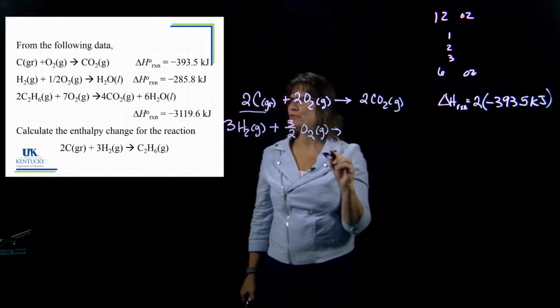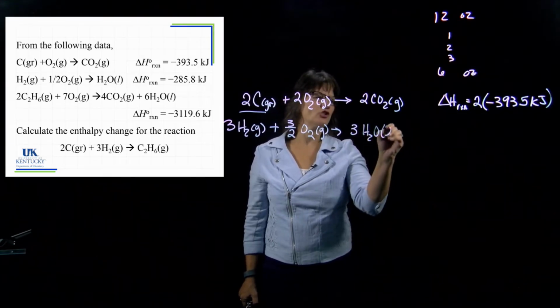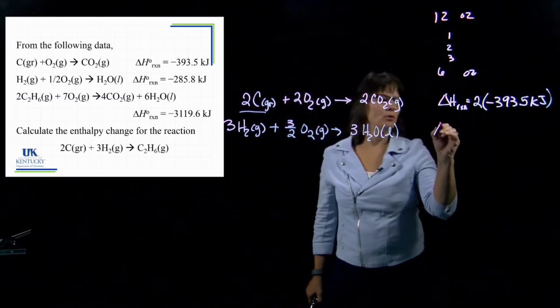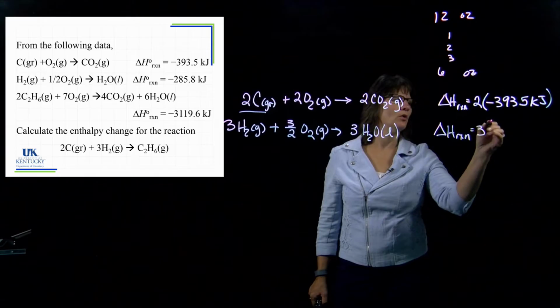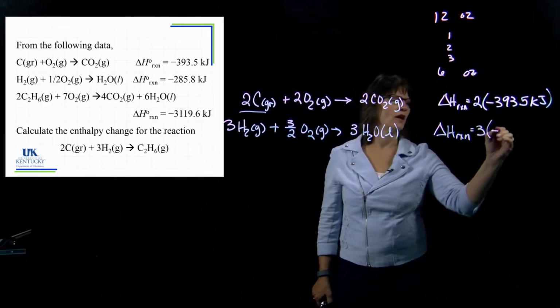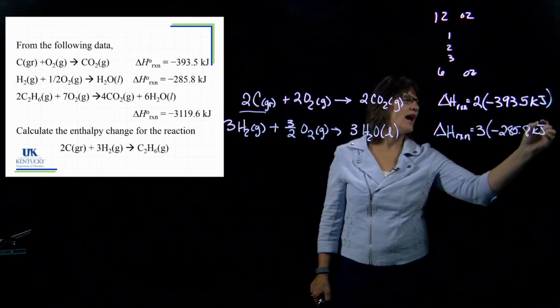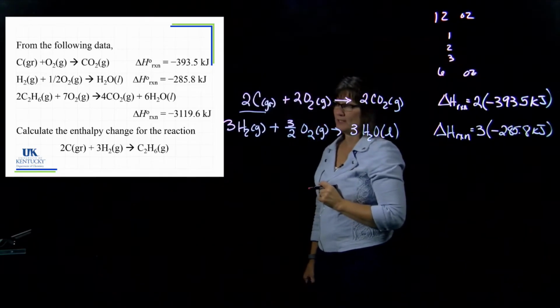And that is producing 3 H2O liquid. Now make sure that you're writing your substances down. The reaction, so I have to triple the delta H that's given to it there. So it's 285.8 kilojoules. I just tripled that value. So that gives me the hydrogen in place.